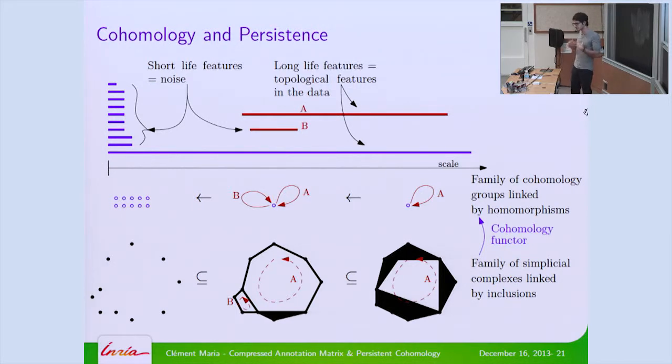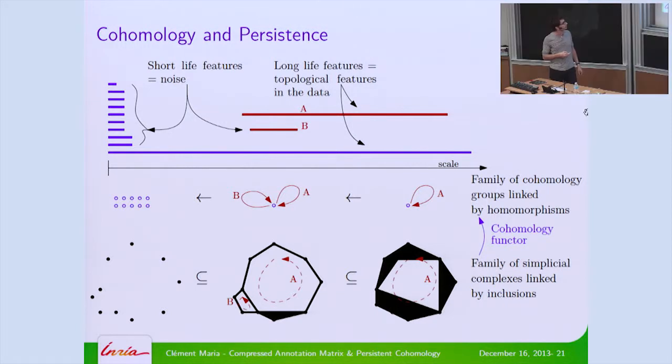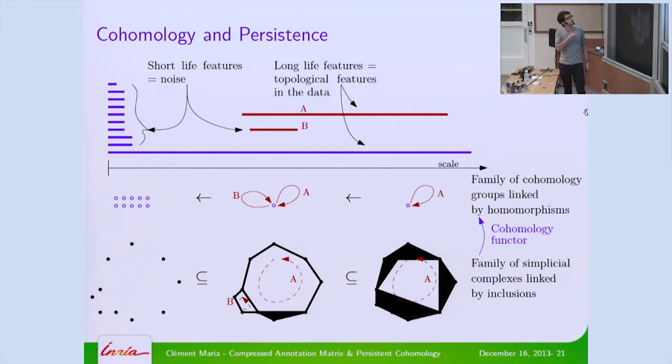And so there's a full algebraic theory around it, but all you need to know is that you eventually get a diagram recording the evolution of homology. And you have one bar per homology feature. As you can see at the beginning, in blue you have the connected components, so you have many.